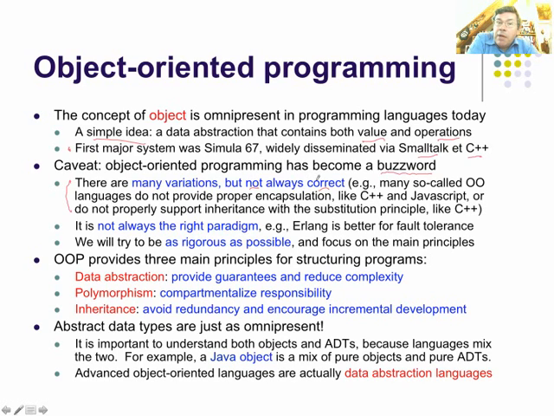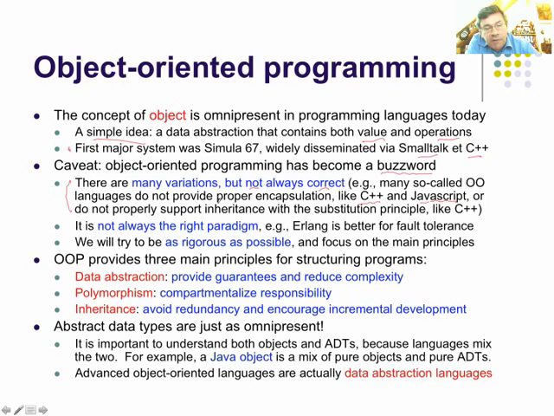So, for example, many so-called object-oriented languages do not provide proper encapsulation. C++ allows you to look inside of the representations of data abstractions, which is not allowed normally in a data abstraction. And JavaScript also has very leaky data abstractions where using simple tricks you can bring out the internals of a data abstraction.